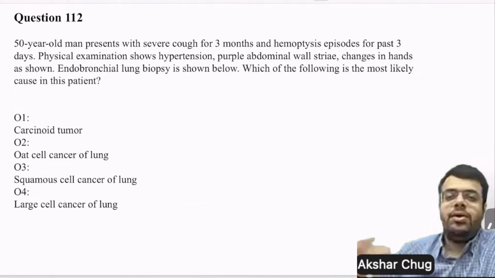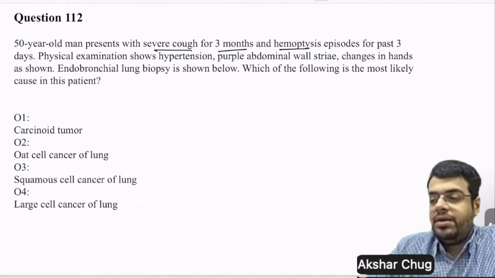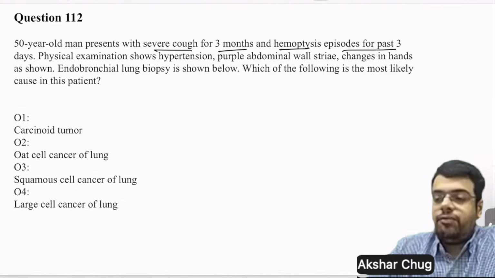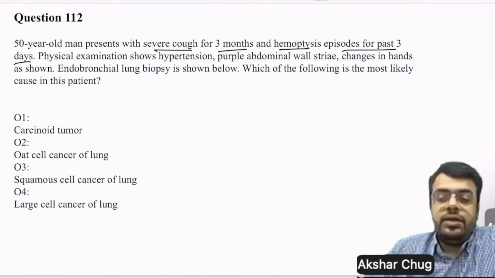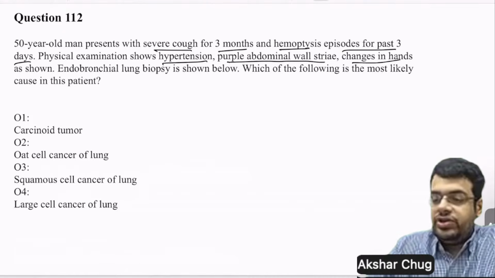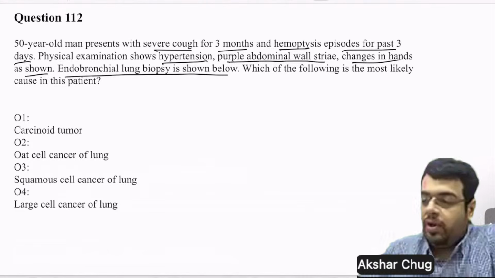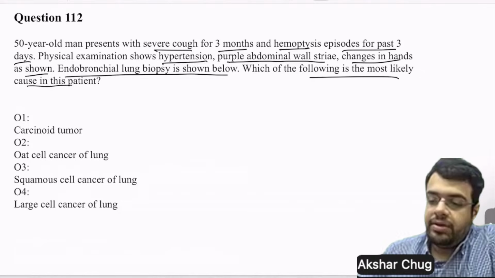Moving on to question 112. A 50-year-old man presents with severe cough for 3 months, and hemoptysis episodes for the past 3 days. Physical examination shows hypertension, purple abdominal wall striae, and changes in the hand as shown. Endobronchial lung biopsy is shown below. Which of the following is the most likely diagnosis in this patient?